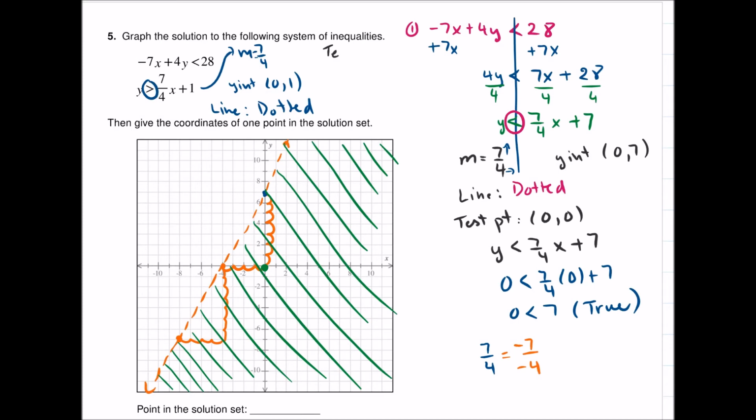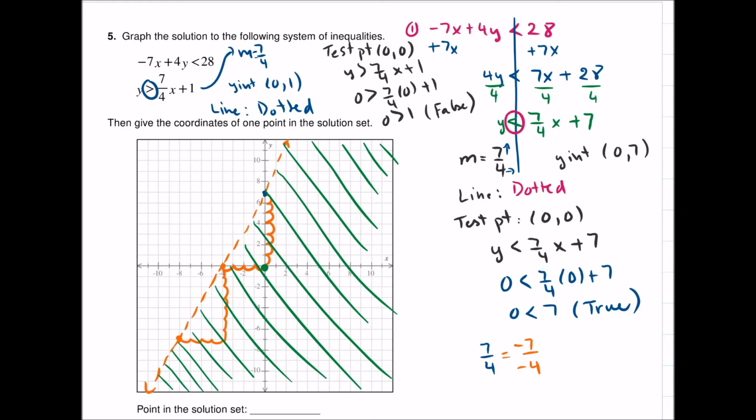We're going to do the test point 0, 0. y greater than 7 over 4x plus 1 becomes 0 greater than 7 over 4 times 0 plus 1. 0 greater than 1, which is false. 0 should be less than 1.